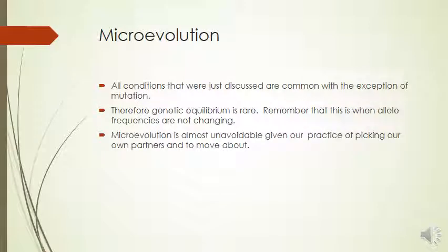All conditions that were just discussed are common with the exception of mutation. Therefore, genetic equilibrium is rare. Remember that this is when allele frequencies are not changing. Microevolution is almost unavoidable given our practice of picking our own partners and of moving around in our society.